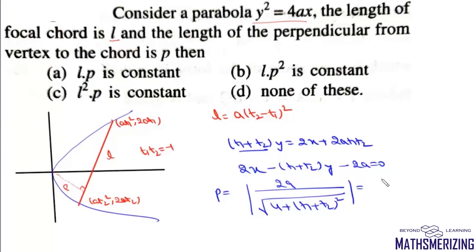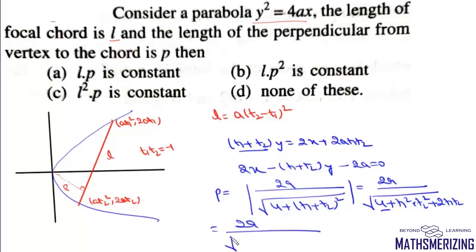So we'll simplify, we can write it as 2a, and this is under root of 4 plus t1 square plus t2 square plus 2t1t2, and we know that t1t2 is minus 1, so we can actually write 4 as minus 4t1t2. So 2a, and this is under root of minus 4t1t2 plus t1 square plus t2 square plus 2t1t2. So it is t1 square plus t2 square minus 2t1t2.